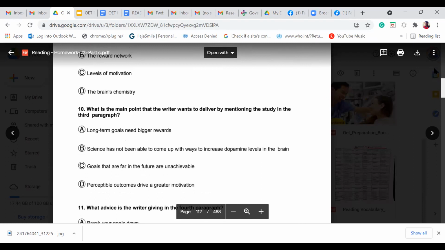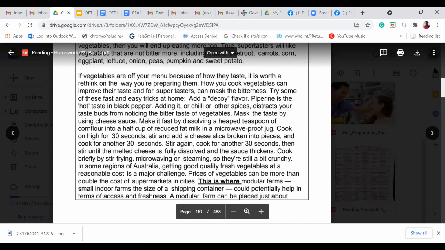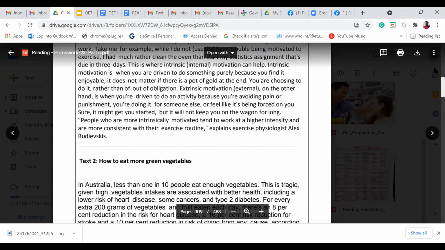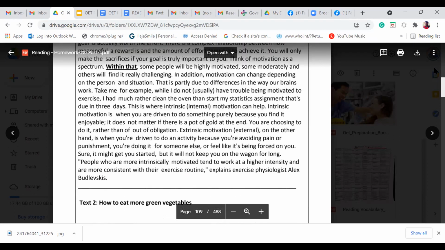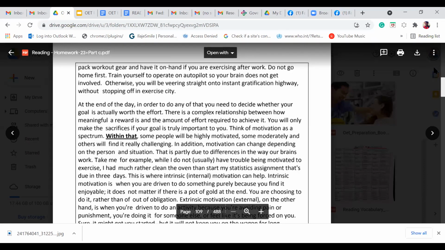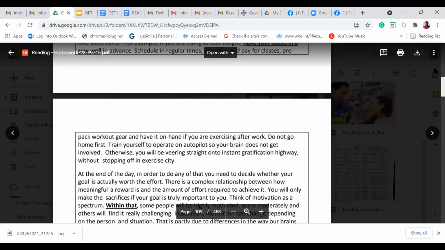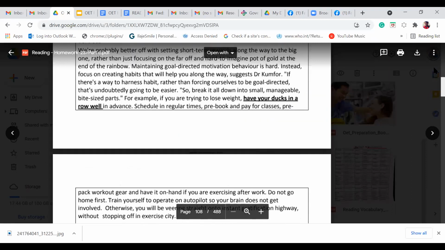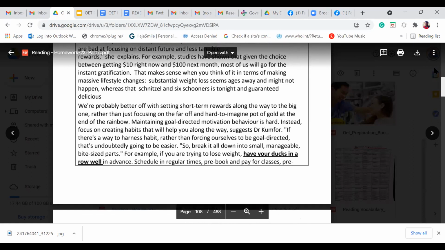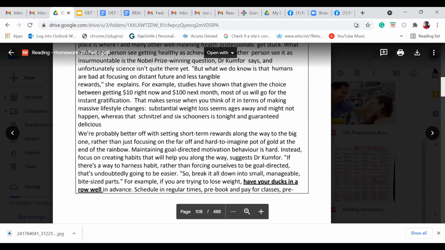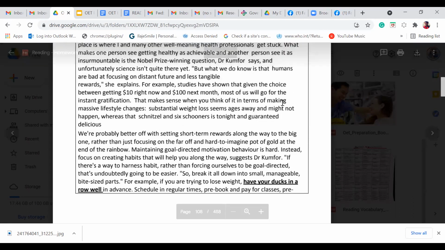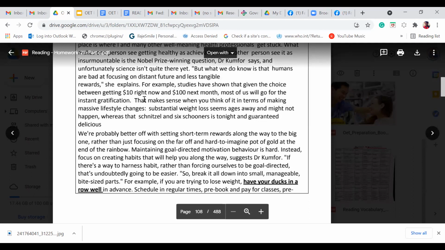And if you can understand what that place says, if you go back here, it's saying that people will rather go for instant gratification. Yes, and because that's the perceptible outcome, that is what motivates them. So that is why I'm picking option D. That makes sense when you think of it in terms of making massive lifestyle changes.